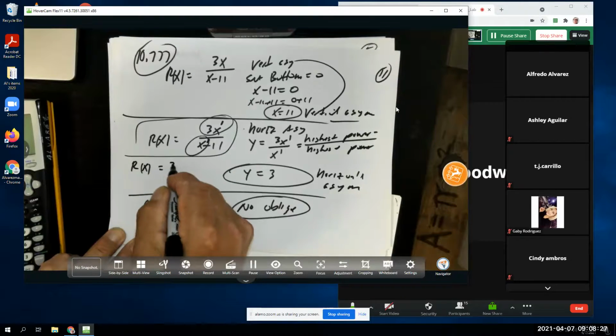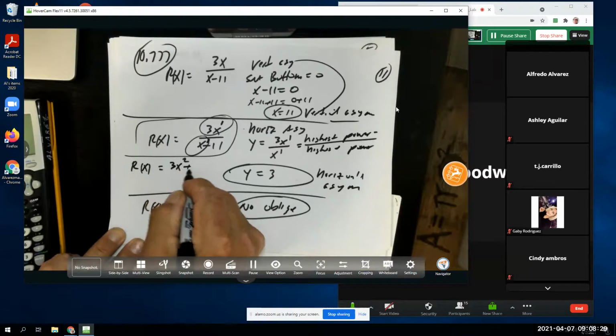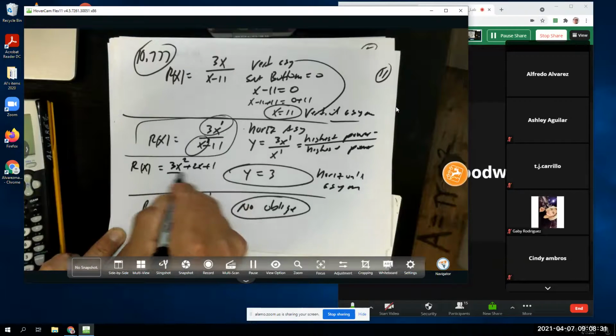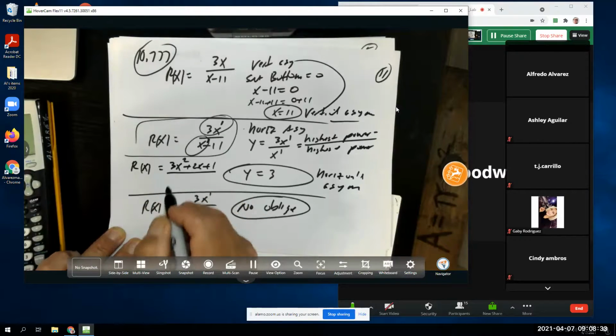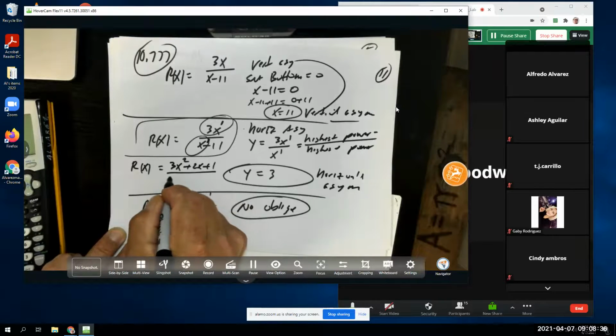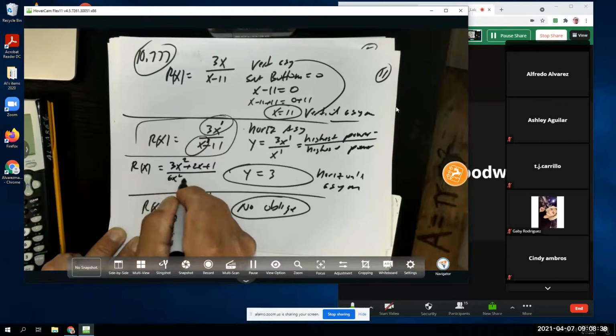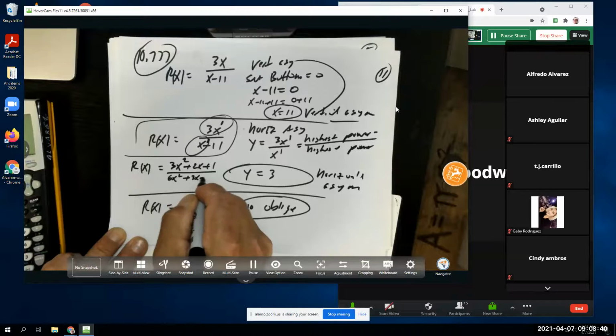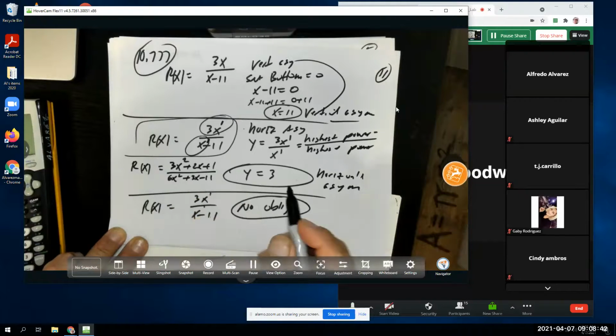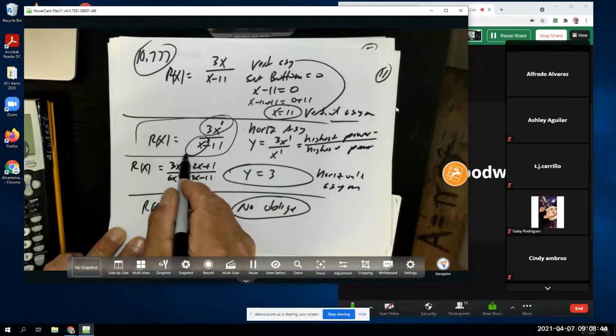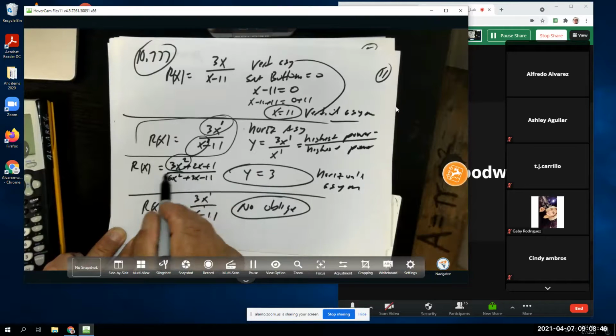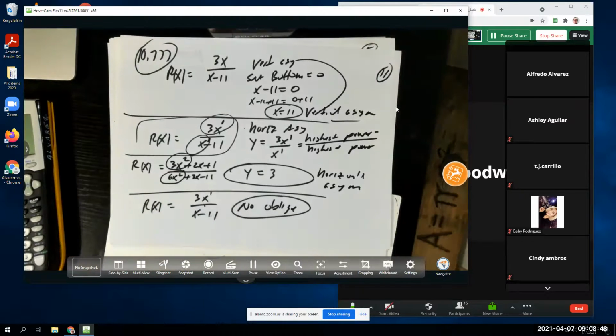Suppose you had 3x squared plus 2x plus 1 over, and then say over here I had, I don't know, 6x squared plus 3x minus 11. Okay, and I was going to find the horizontal. I would look at this one on top of this one. You see what I'm doing? So the highest power would be what? 3x squared over 6x squared.